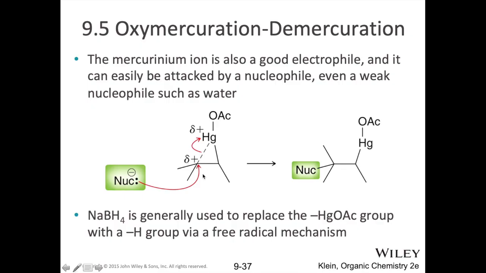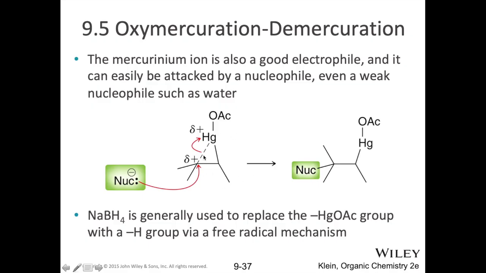So there's a little bit more of a partial positive charge here, and that makes it more prone to your nucleophilic attack. All right. So even though you have this hybrid where both carbons are taken up, there is a preference for your nucleophile to come in and attack that more substituted carbon, and that's why you get the Markovnikov product.